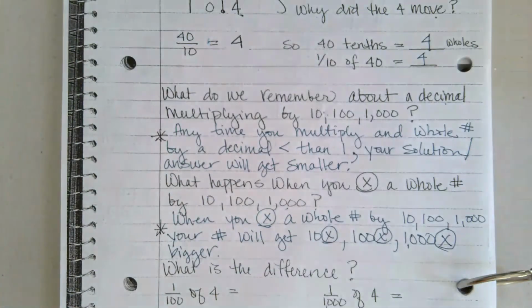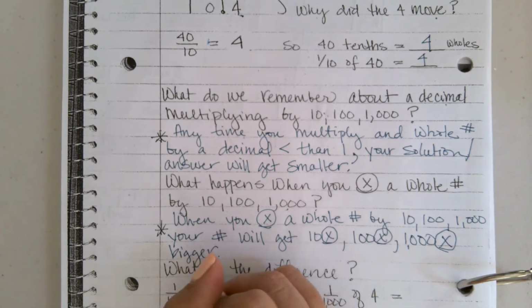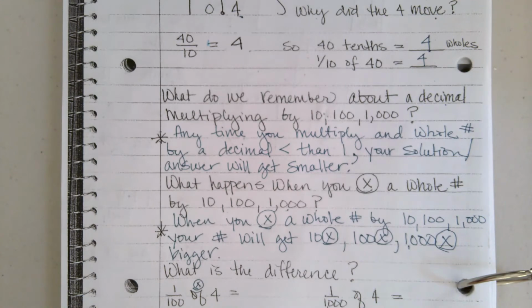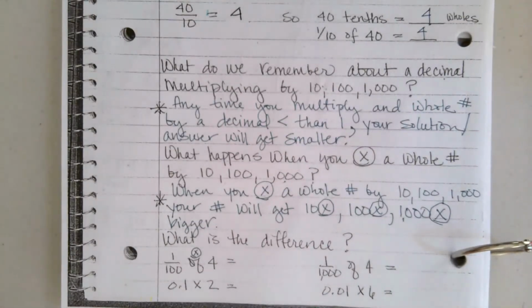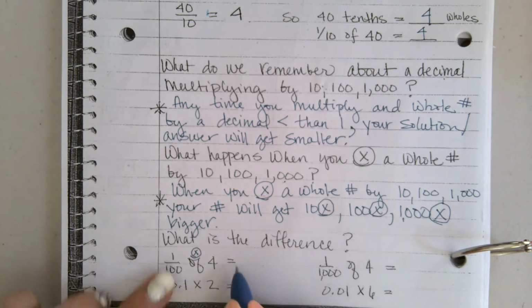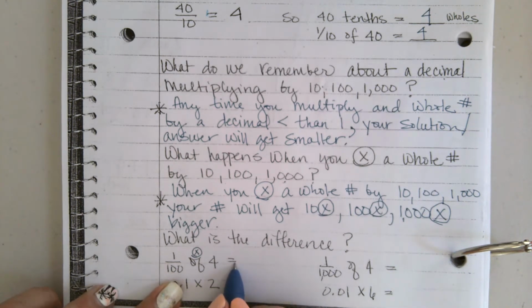Let's move on. What about 1/100th of 4? What is 1/100th of 4? Remember, the "of" is really a multiplication sign, right? Can you multiply and show me? What is the solution?